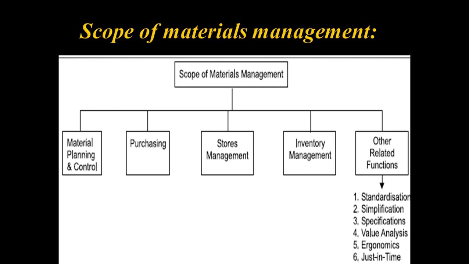The planning of materials involves estimating part requirements, preparation of materials budget, inventory level forecasting, order scheduling, and finally monitoring the performance with a view to achieve the targeted sales and production.